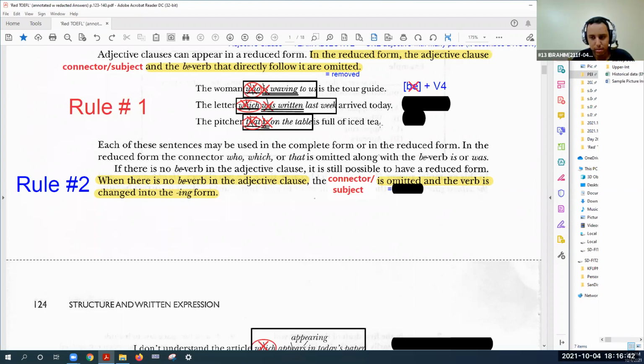Yes. Now, what is the full verb? Was written. Do you know what's the formula? Verb 3. Well, was written. Yeah, but was, what's the base form? Be.